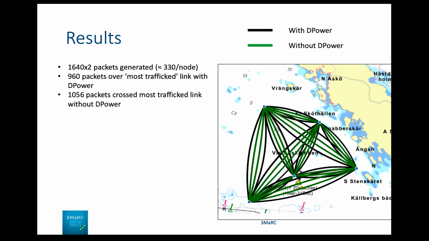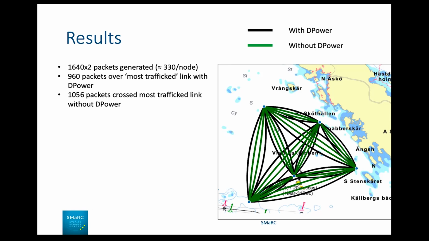What you can see in this graph here is lines with thickness scaled with the number of packets transmitted over each link. I was a bit surprised. I had expected that without DPower, meaning that when all the modems are transmitting at full power, we would see a big difference between with and without.